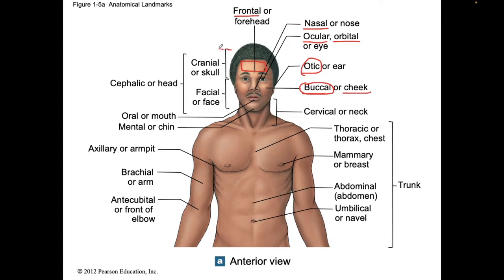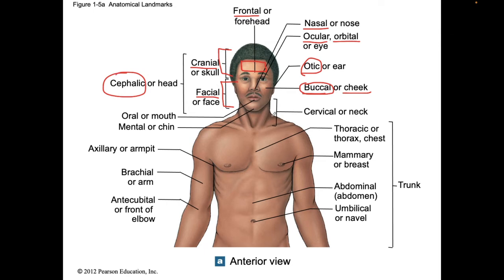This part of the head is called the cranium, whereas this part is called facial. So there are facial bones and cranial bones, and there are facial muscles and cranial muscles. When we combine both cranial and facial, we use the word cephalic.